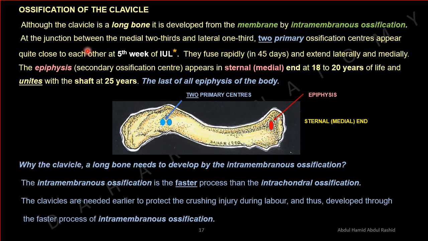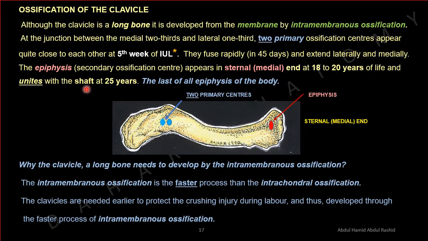At the junction between the medial 2/3 and lateral 1/3, two primary ossification centers appear, quite close to each other, at about the 5th week of intrauterine life. They rapidly fuse and extend laterally and medially.